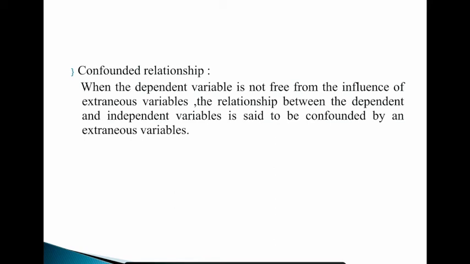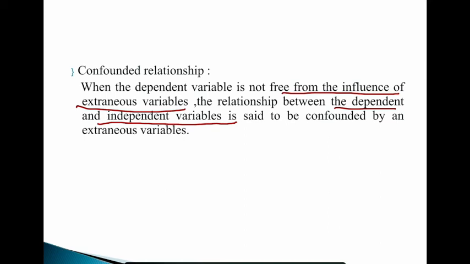Then there is another term which comes in experimental research. You can say this is the confounded relationship, the confusing relationship. When the dependent variable is not free from the influence of an extraneous variable, then it is known as a confounded relation, and we say that the relationship between the dependent and the independent variable is being confounded by an extraneous variable.